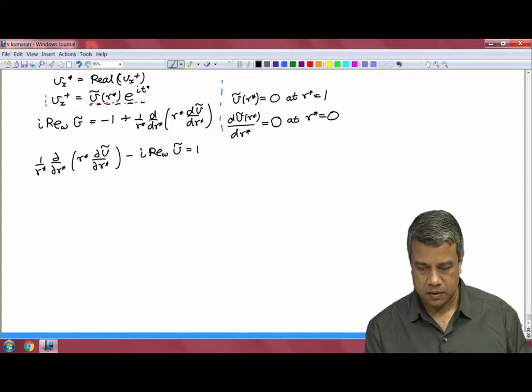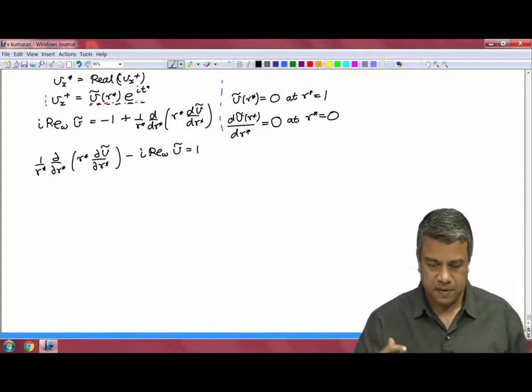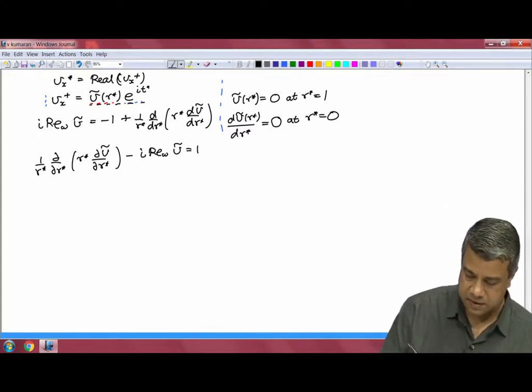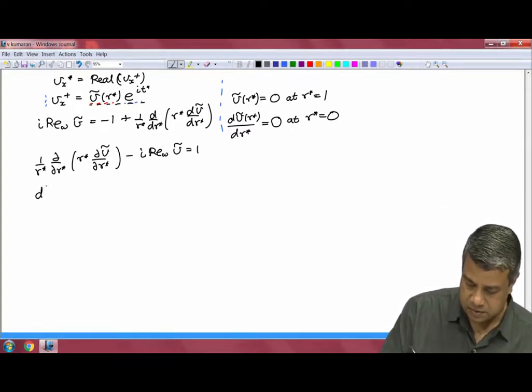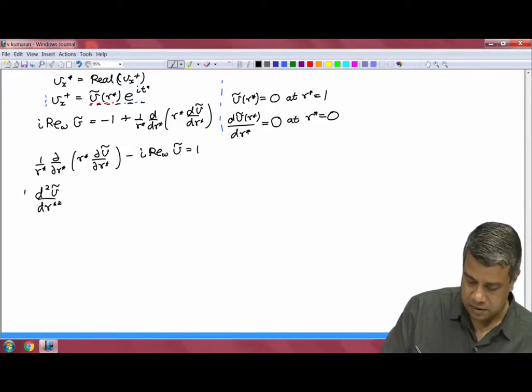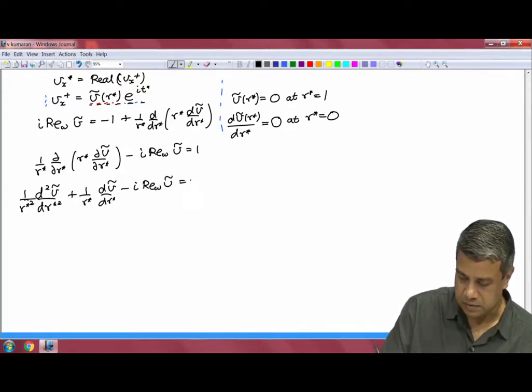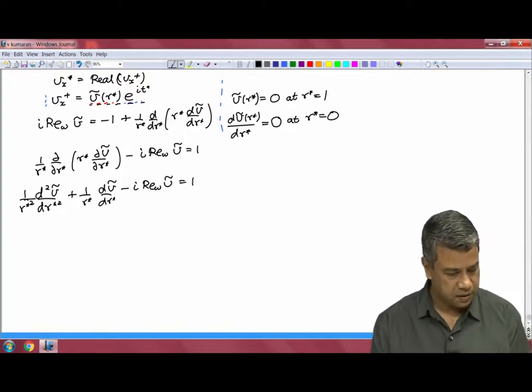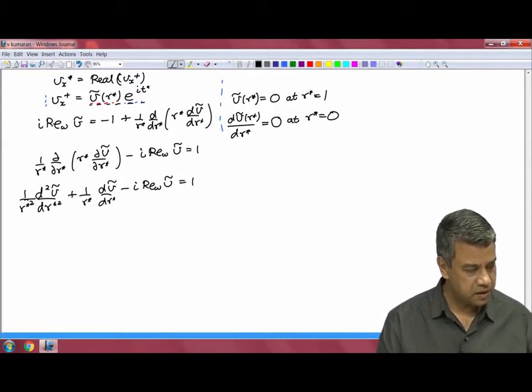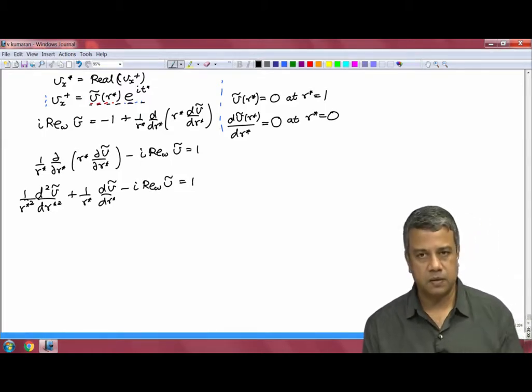So, I can expand this out to get d square V tilde by d r star square into 1 by r square plus 1 by r d V tilde by dr minus i r e omega V tilde is equal to 1.